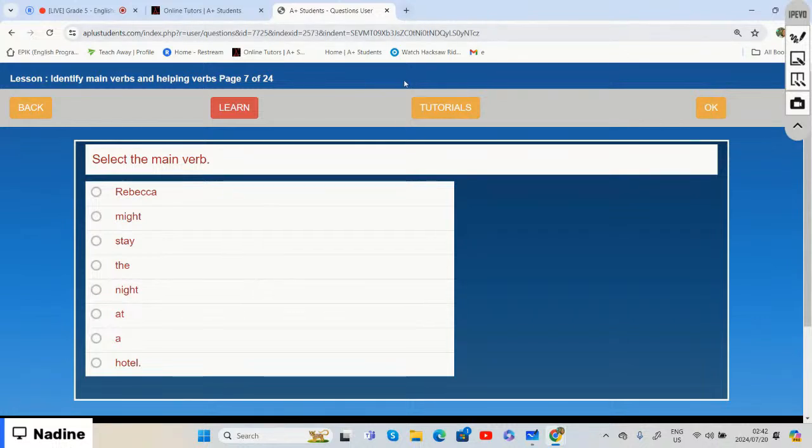Look at the sentence. Look at the question. The question says, select the main verb, without the helping verb. What is the verb without the helping verb?